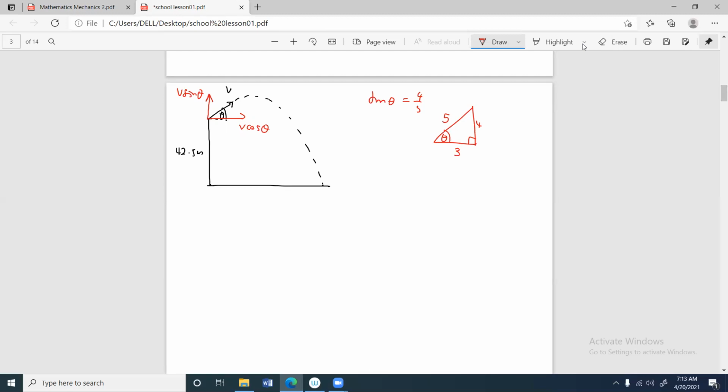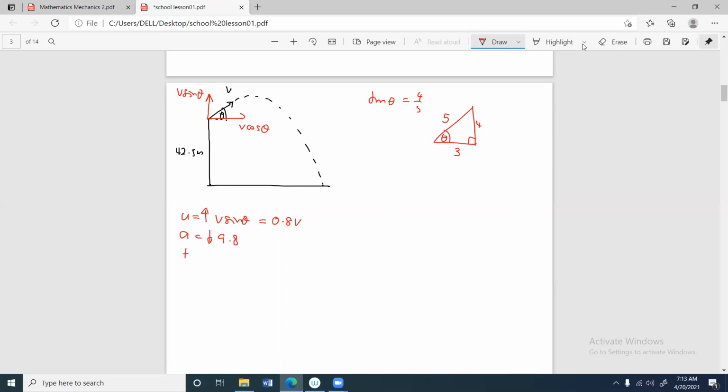Right. We know that u is upwards V sine theta, that is 4/5 V, 0.8V. Acceleration is downwards 9.8.